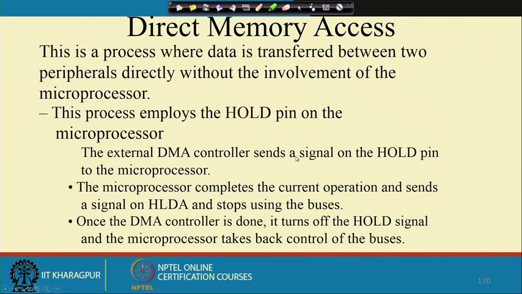Next, we look into another way of data transfer between the processor and the device. This is known as direct memory access. In a normal system, whenever the IO device wants to transfer some data, the philosophy may be like this: the device sends an interrupt to the 8085, and as a result the 8085 goes into the corresponding interrupt service routine, and that routine reads from the device the data that it wants to transmit.